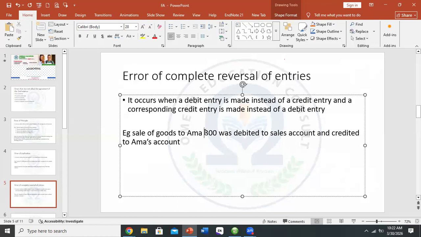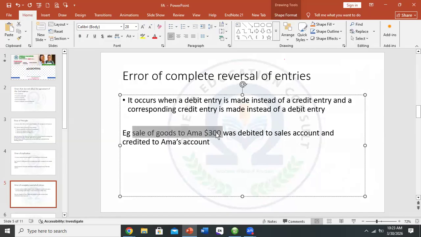So look at it technically. Sale of goods to Amma was debited to sales and credited to Amma. So how would you even identify that this is an error? Unless you look at the transaction involved, which is sale of goods to Amma.